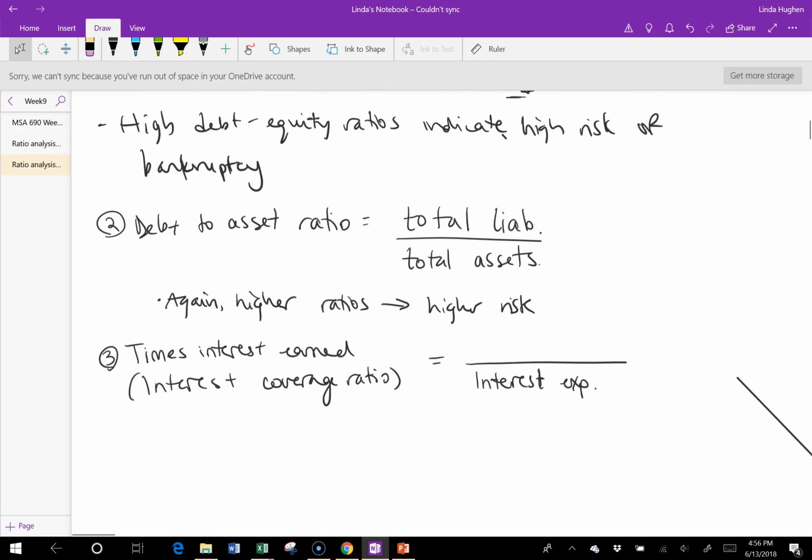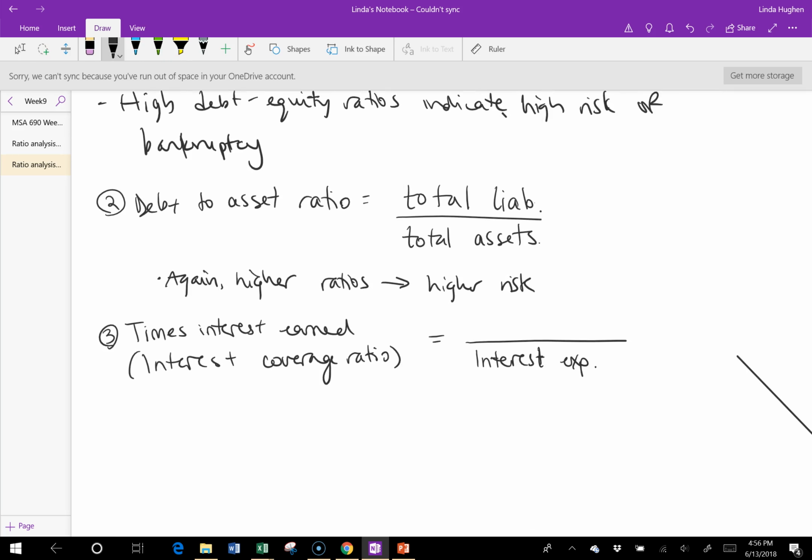We care about repayment, but we also care about, can you pay us those periodic interest payments? So what are we using to pay the periodic interest payments? For some reason, we're not including taxes here. So rather than looking at net income, remember that this numerator is operating income, income before interest and taxes.